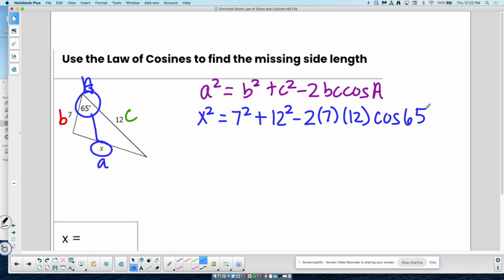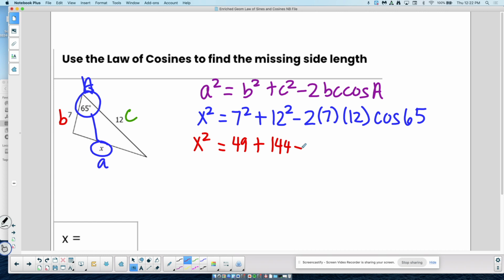This is honestly the hard part. After this, it is calculator work. We're going to do it in steps so we don't make mistakes and we're as accurate as possible. Can't do anything with that left side. We know 7 squared is 49, 12 squared is 144.